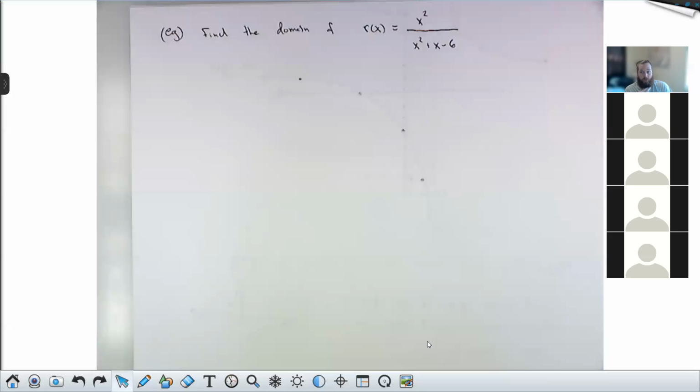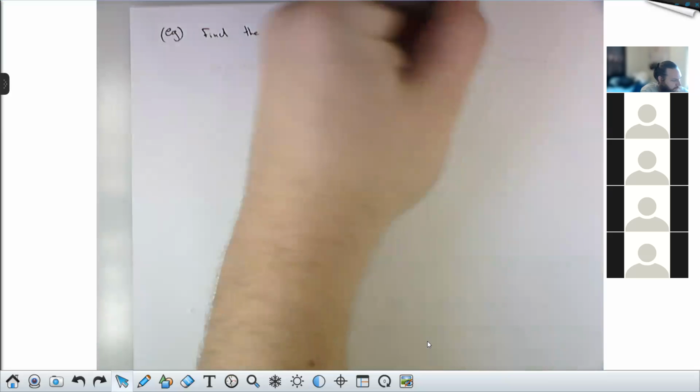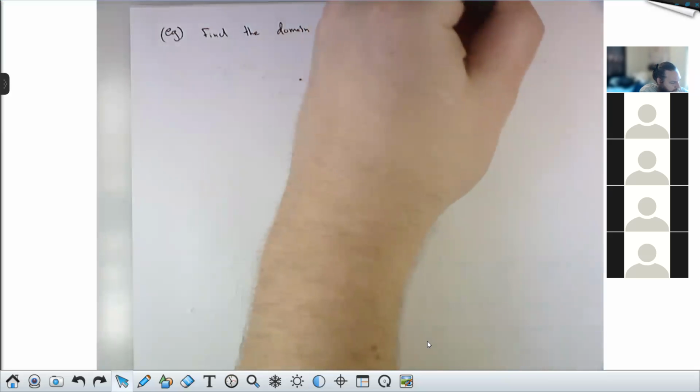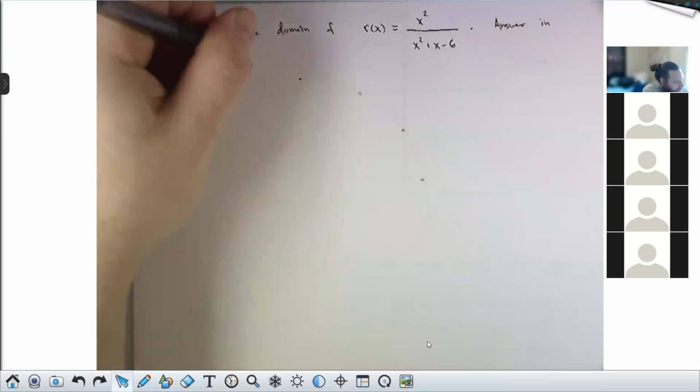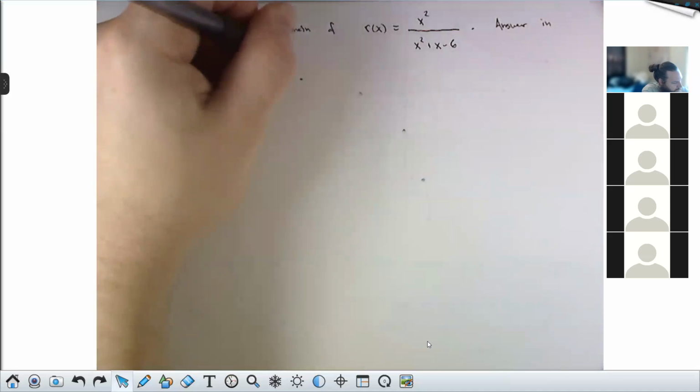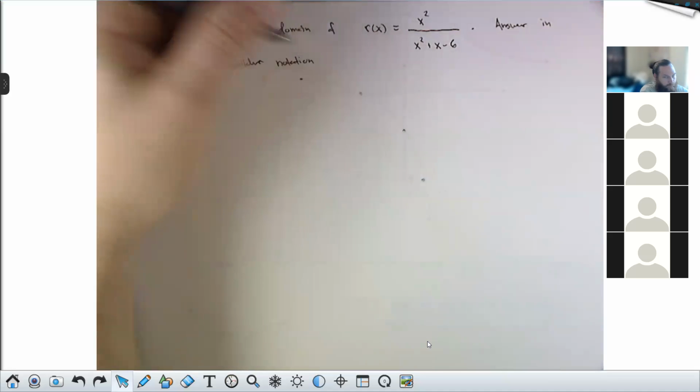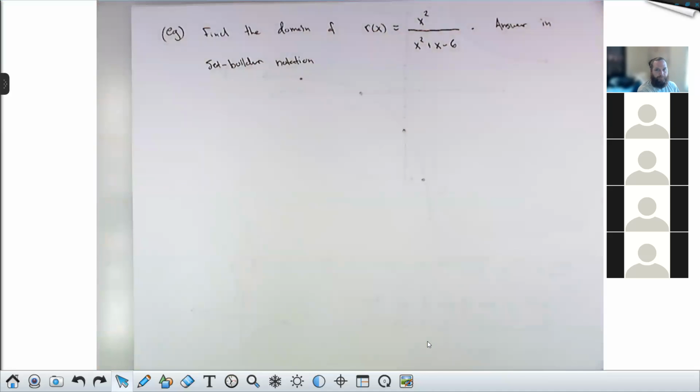Here's another rational function. This time the degree of the top and bottom are both 2. We could go hunting for all that stuff, but I'm just trying to find the domain. And we're going to give the answer in set builder notation.